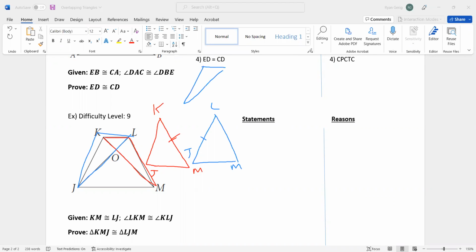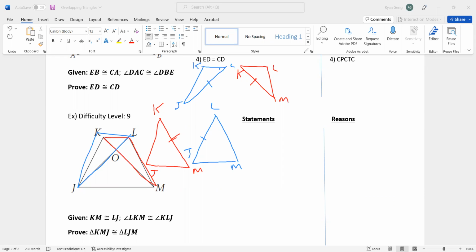So that's K, LJ and KLM. Okay, so we still have KM is congruent to JL. That's still given. But now I do have angle LKM and angle KLJ.